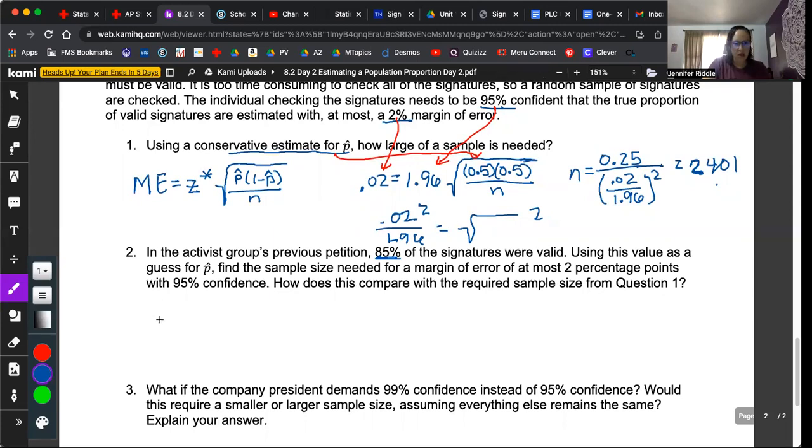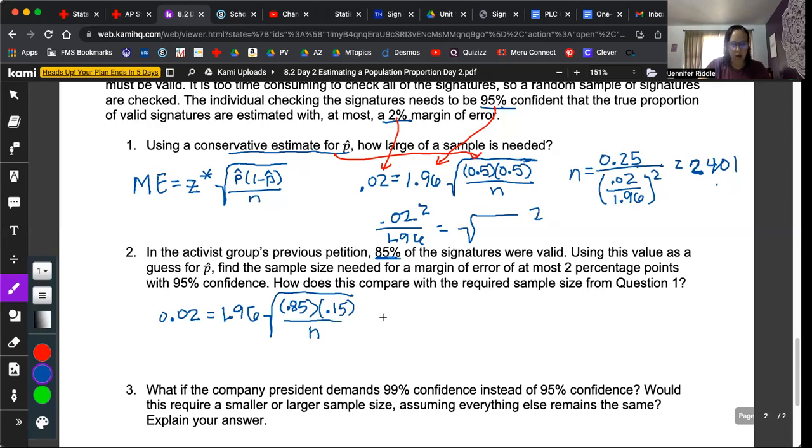So same setup, we still have at most a 2% margin of error. We're still using a 95% confidence interval, so critical value of 1.96 times the square root of, now we're going to use 0.85, and 1 minus 0.85 is 0.15, divided by n.